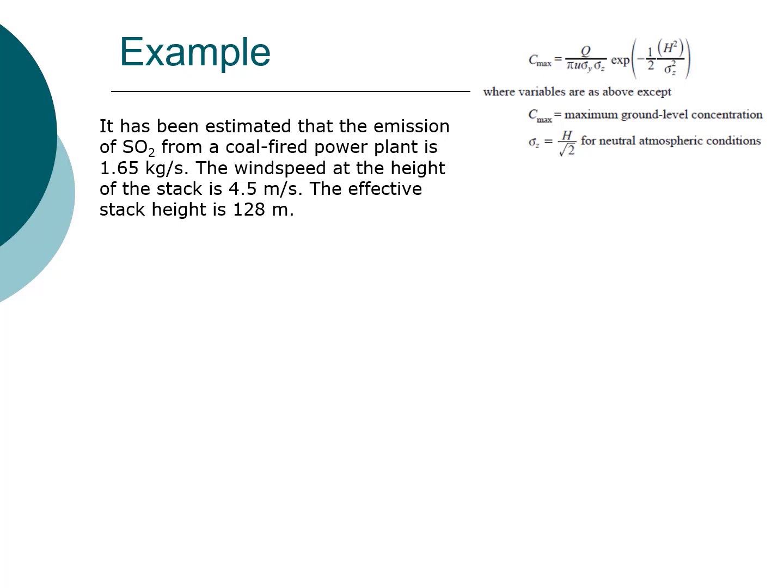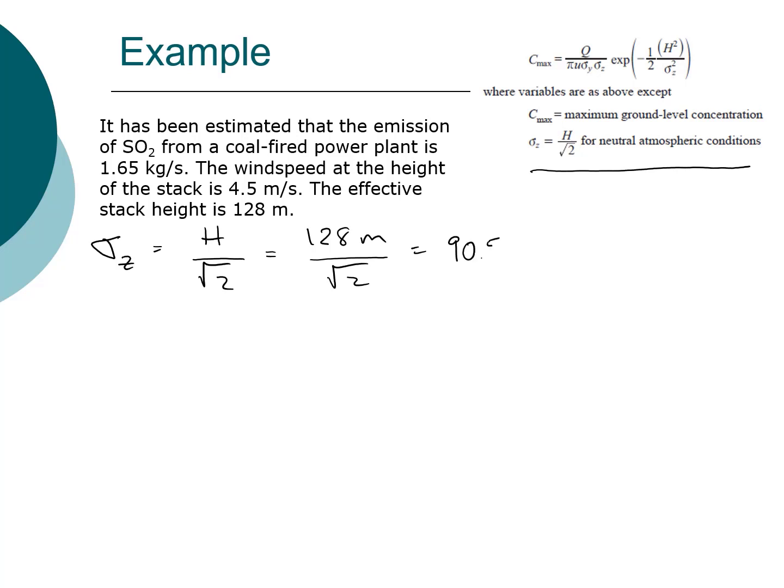So we've shown how to find sigma y and sigma z, but note that sigma z is equal to h over the square root of 2 for neutral atmospheric conditions, and we have neutral atmospheric conditions. So in this case, sigma z is equal to h over square root of 2, which is 128 meters over the square root of 2, which is 90.5 meters.